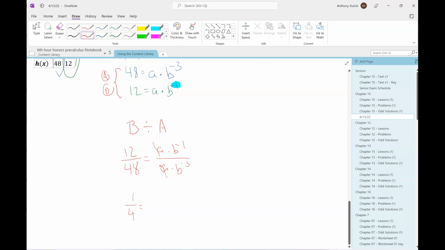That's the elimination happening. And then b to the -1st divided by b to the -3rd is going to be b to the 2. Again, remember that the property of exponents we're using here is that when we divide exponents, we subtract.